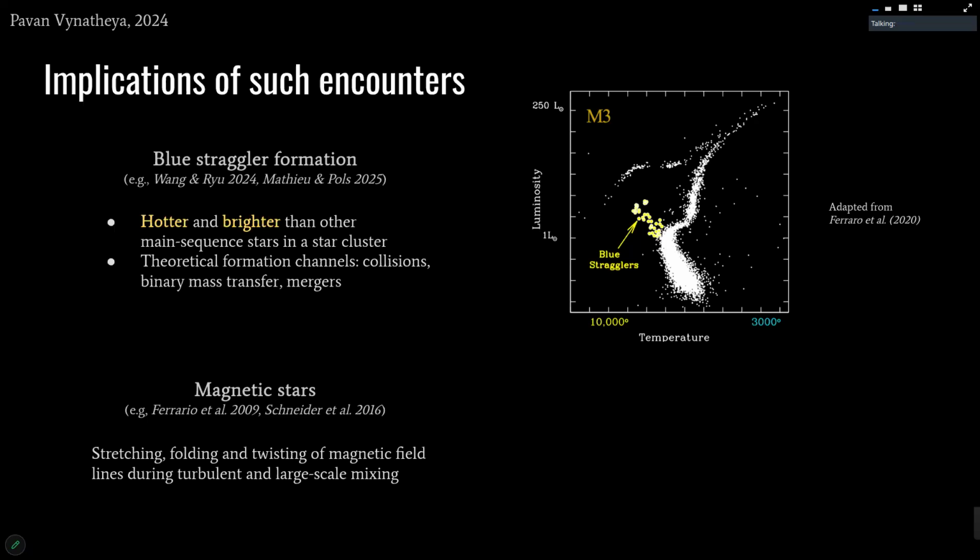But the longevity of that, I'm not very sure about, because if there is differential rotation, for example, shearing can cause twisting or folding of field lines, but eventually there wouldn't be differential rotation, so this would stop. There would be some magnetic reconnection, so the field strength would not be as high.